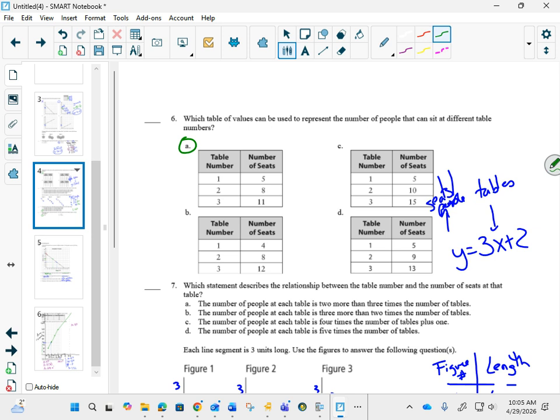The number of people at each table is 2 more. 2 more means plus 2, so I'm going to underline this. This 2 more means the plus 2, and 2 more than 3 times the number of tables is 3x. So that is why the answer is A. So we have to use the English in the question to see which of those English sentences matches our equation.